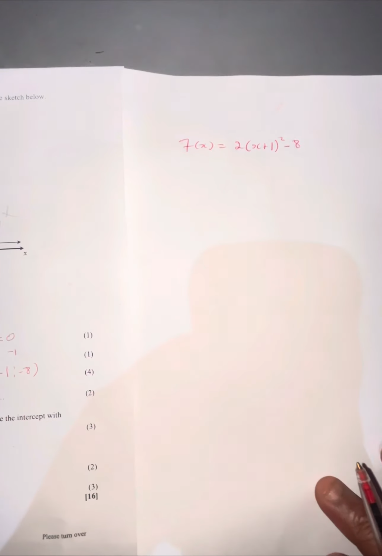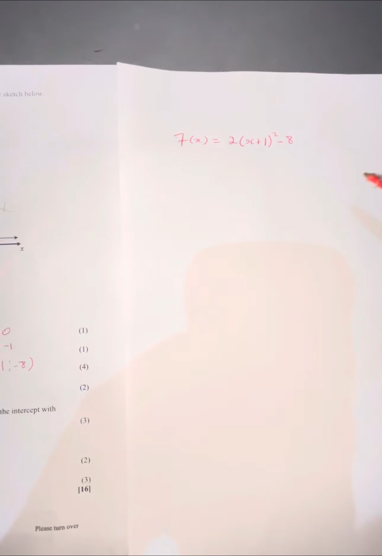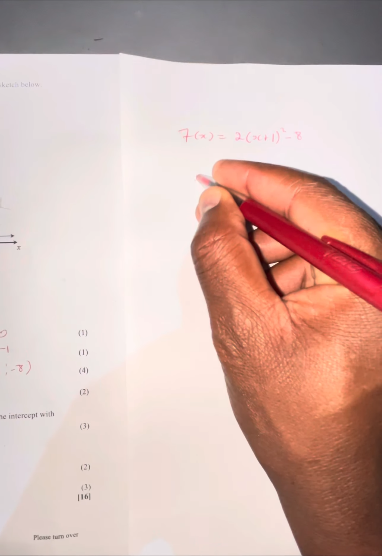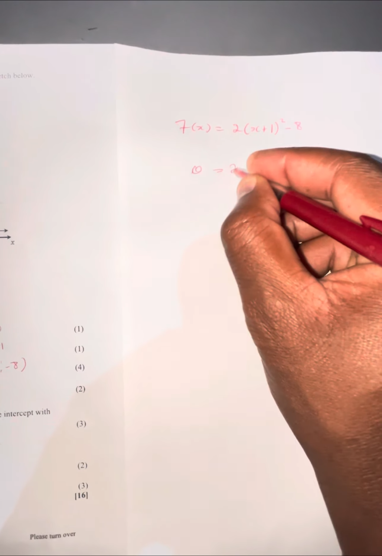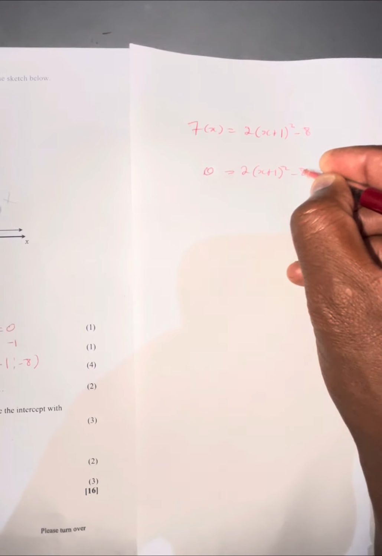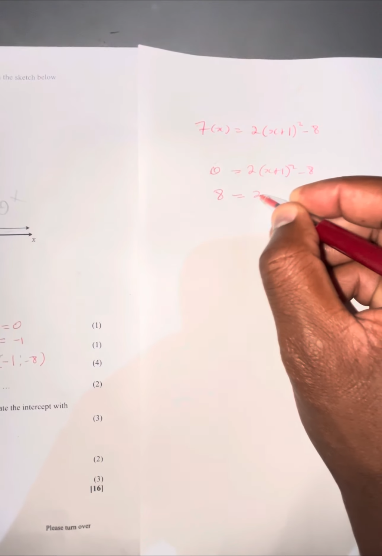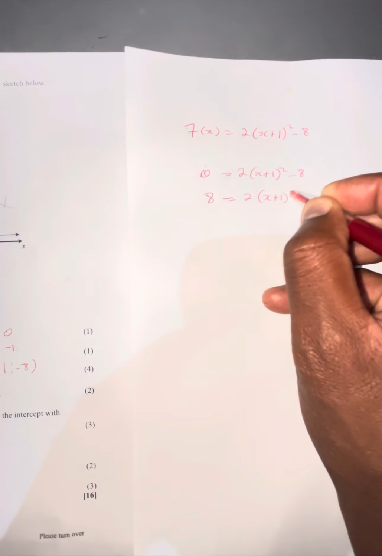Whenever you are solving for x, you let f(x) equal 0. f(x) is the same as y. So 0 equals 2(x plus 1) squared minus 8, and then take this to the other side. So this will be positive 8 equals 2(x plus 1) squared.